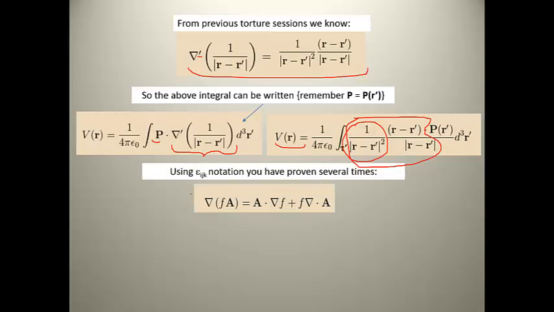Well, using epsilon ijk notation, we proved the following, that if we take the gradient operator and operate on a function times a vector, that's equal to the vector dotted into the gradient of f plus f times the divergence.